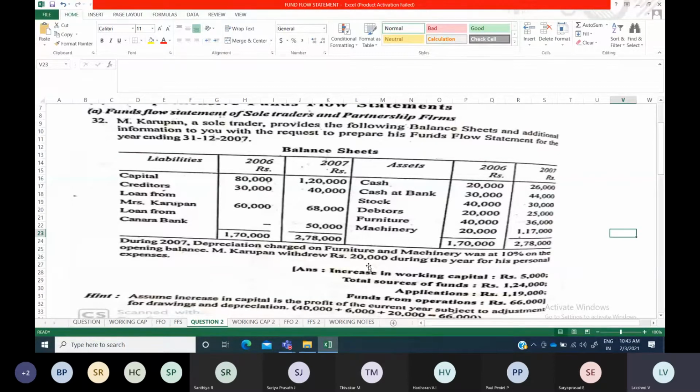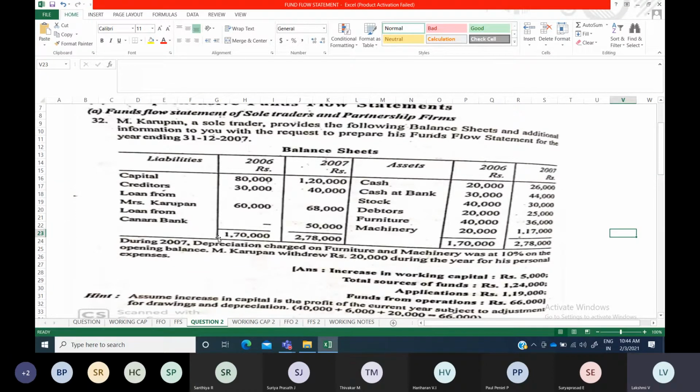Usually in fund from operations calculation, either net profit information or profit and loss account information will be there. But in this question there is neither, so you have to prepare a statement and find out how much profit you are getting.